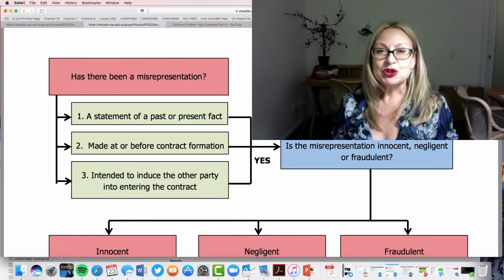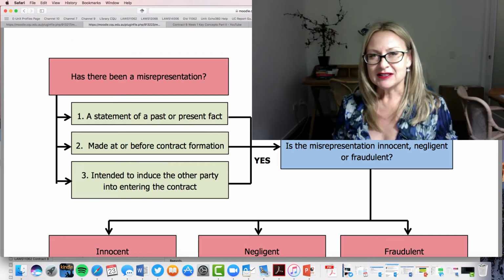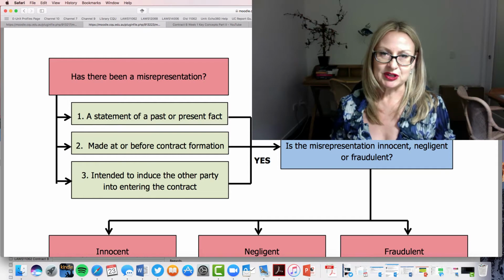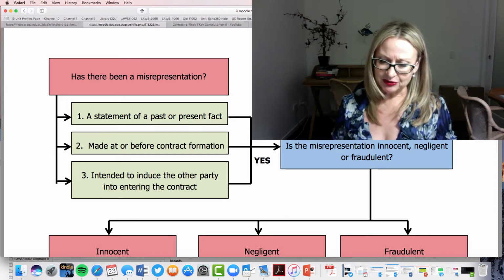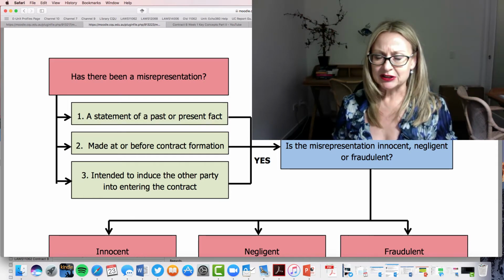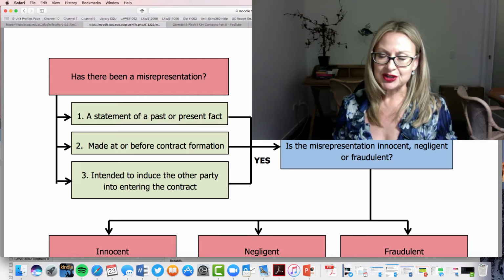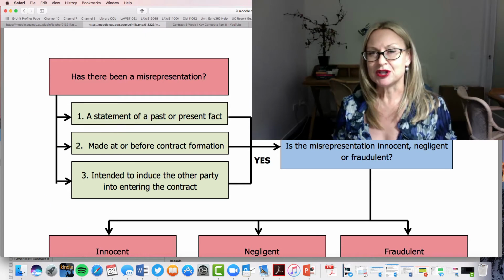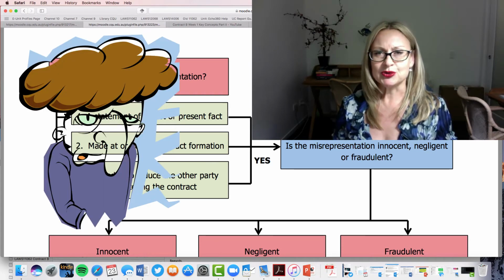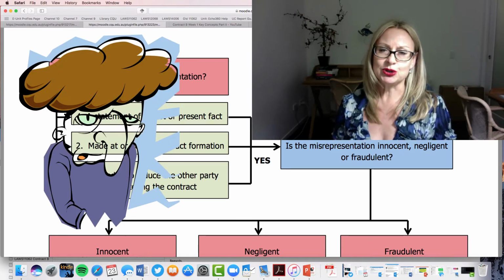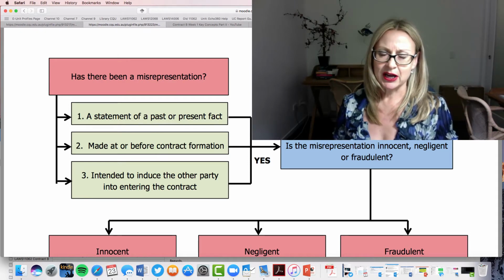And now we come to silence. Is silence actionable as a misrepresentation? There's a couple of finer points here that we need to just cross off. Firstly, in relation to half-truths, you can't just go around telling the most favourable side of your story in order to induce a contract.